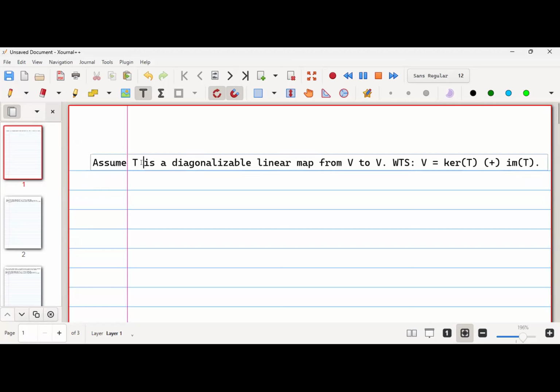Okay, so assume T is a diagonalizable linear map from V to V, right? Then show that V is the direct sum of the kernel of T with the image of T. Okay, so do you also remember direct sums?